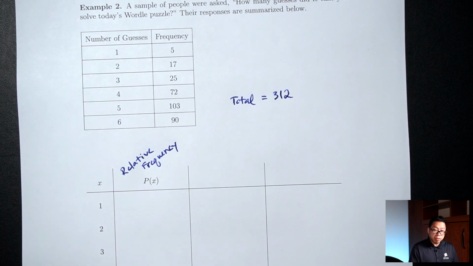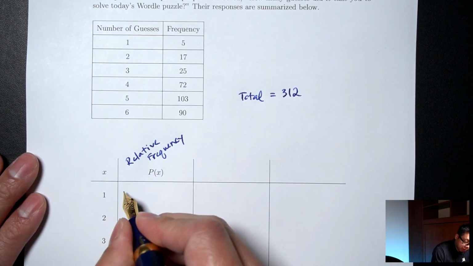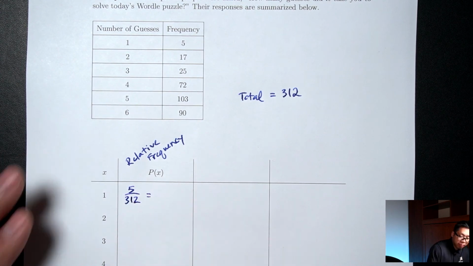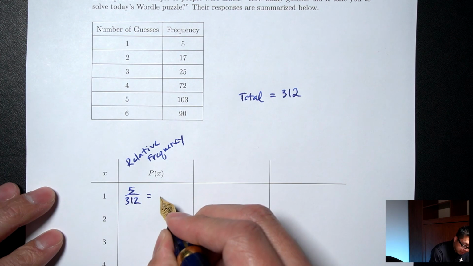To get the relative frequencies, you'll take each of the regular frequencies and divide it by the total. So the first one's going to be 5 over 312. And round to 3 decimal places. This is 0.016.